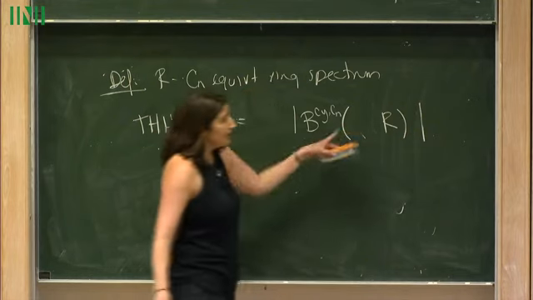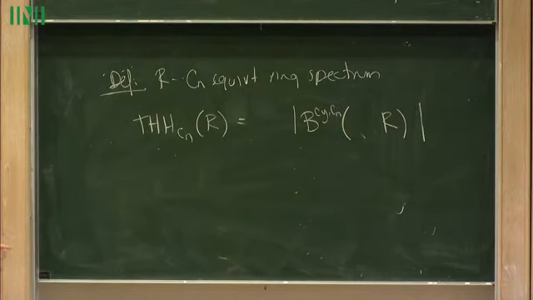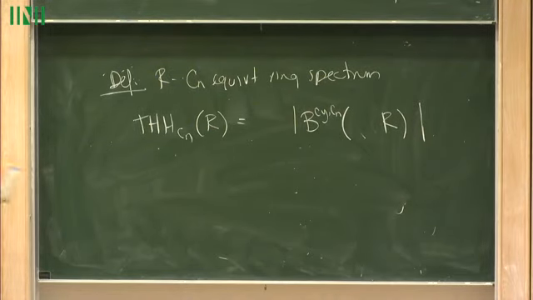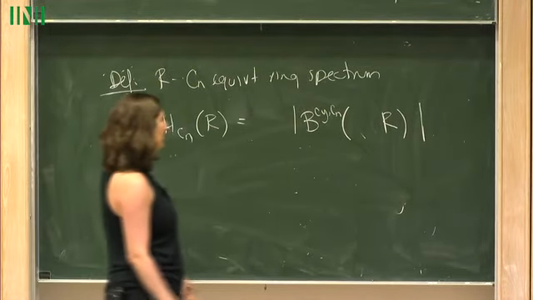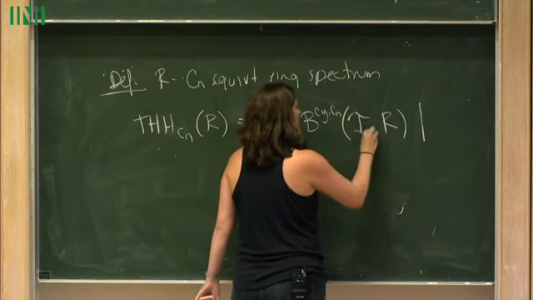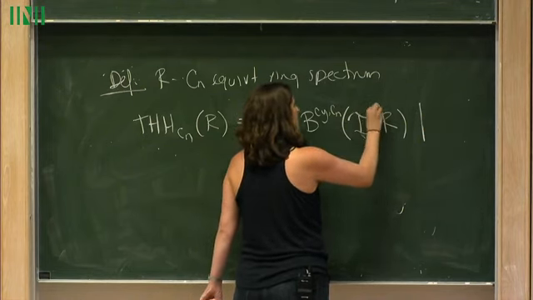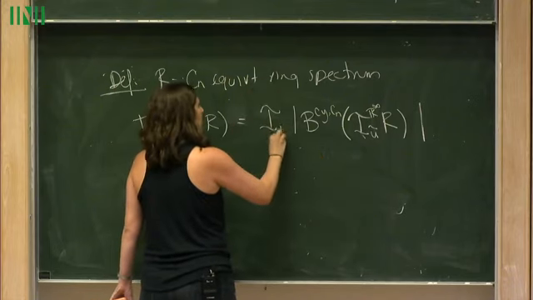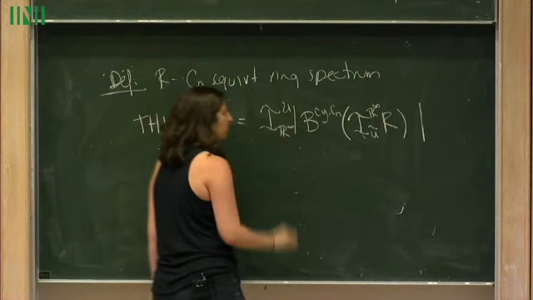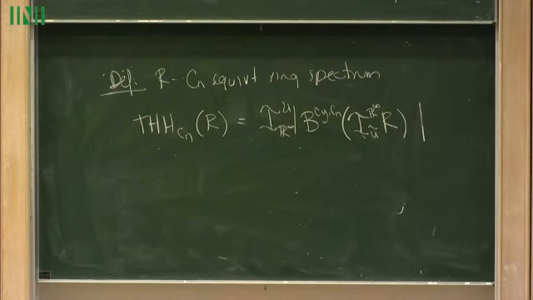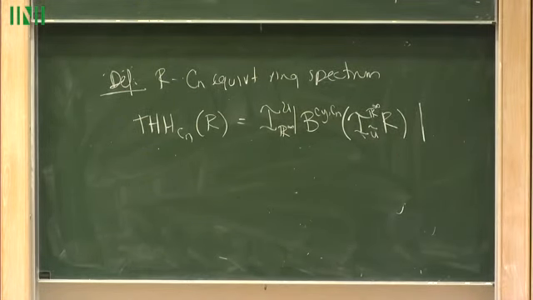So this Cn twisted cyclic bar construction was something that we did to Cn spectra indexed on a trivial universe. So here I'm going to change universes from the trivial universe to some complete universe out here. Okay, but what we get from this is a Cn relative version of topological Hochschild homology.